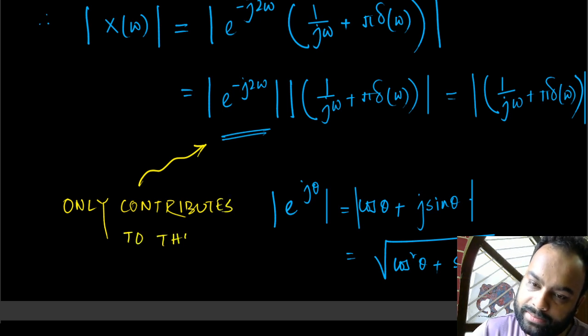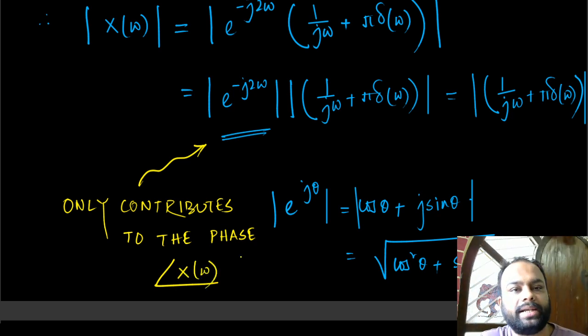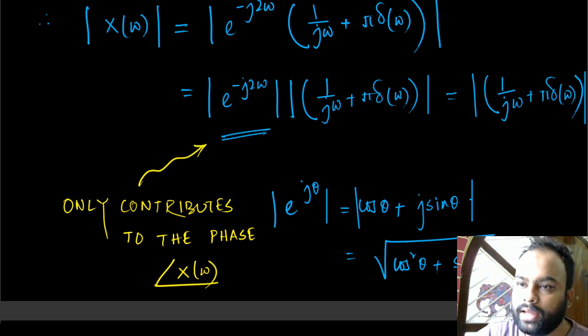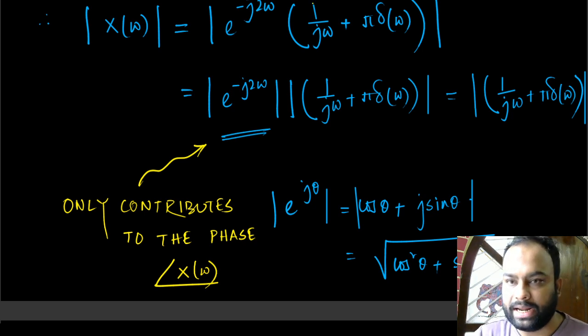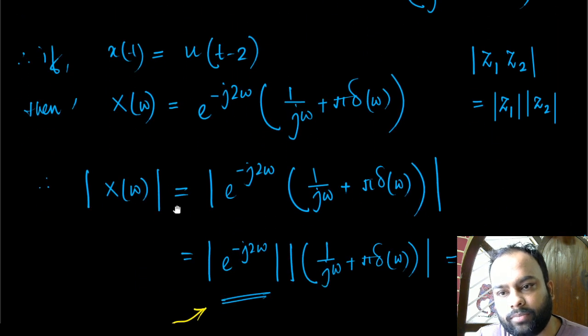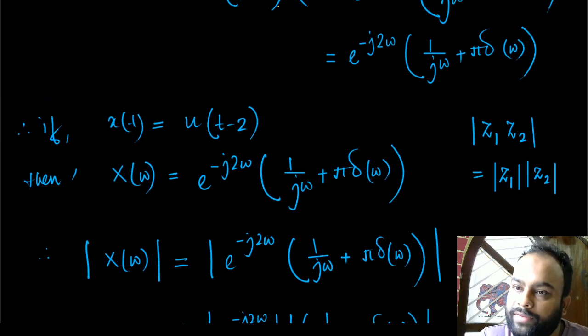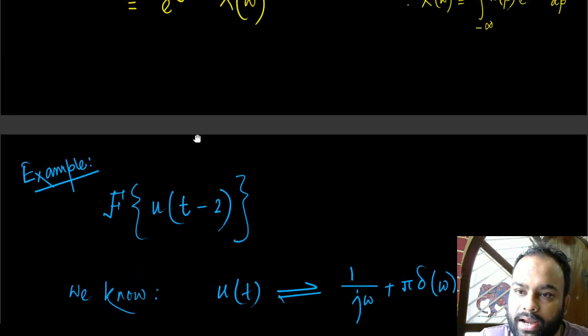Phase means angle of X(omega). We shall discuss these later on, but just try to understand that. So I think you got this problem, right? Feel free to ask again if you have any query regarding this.